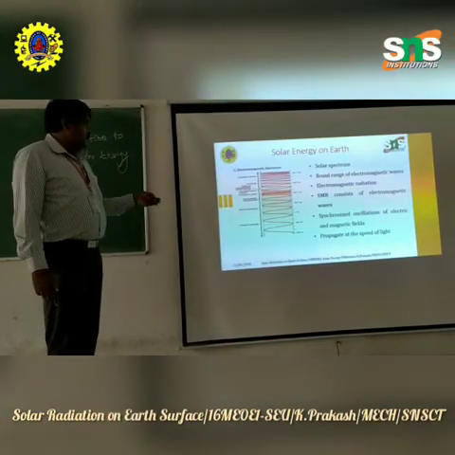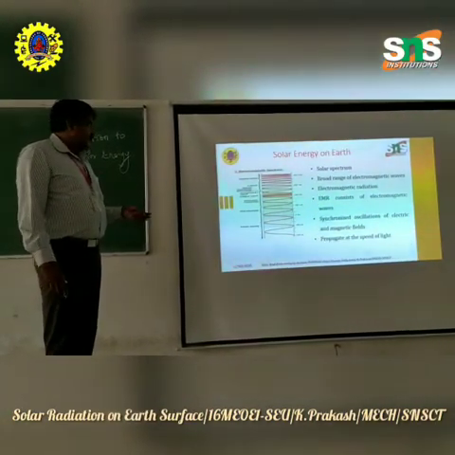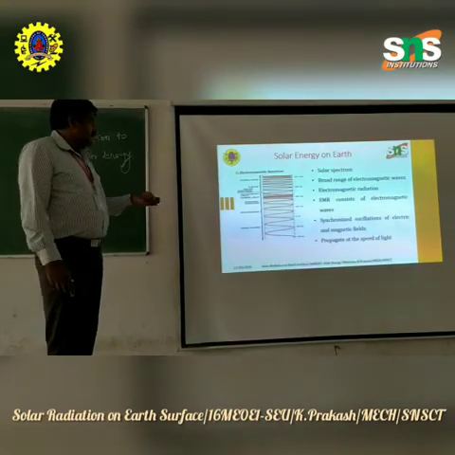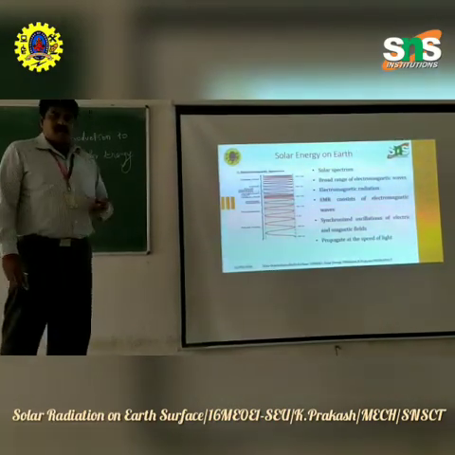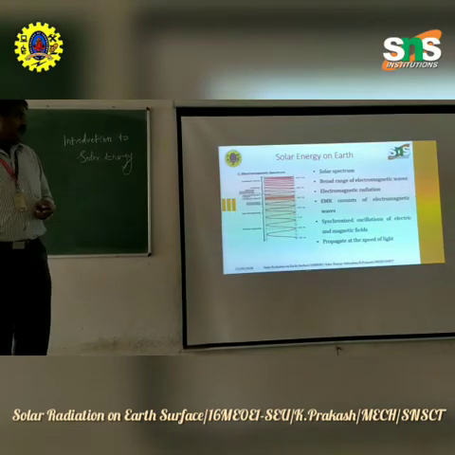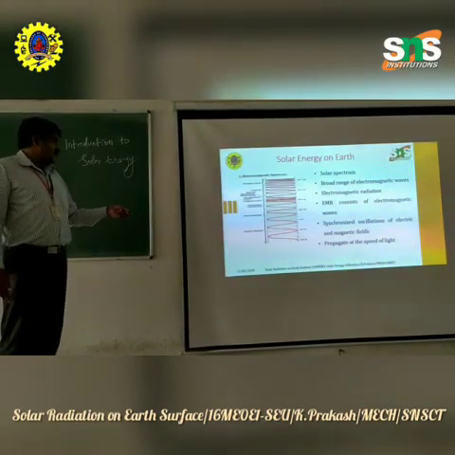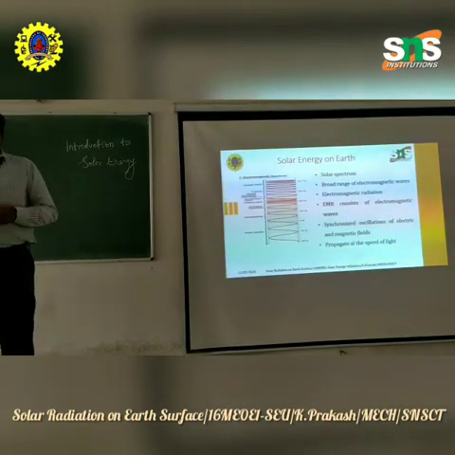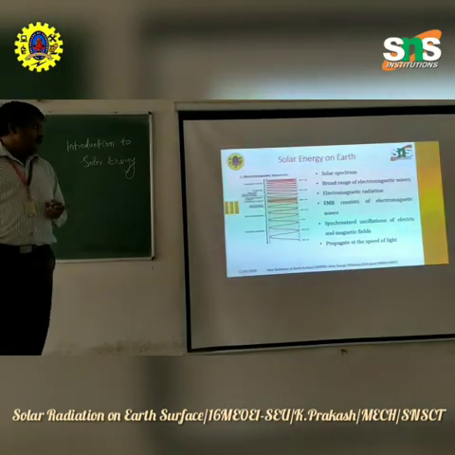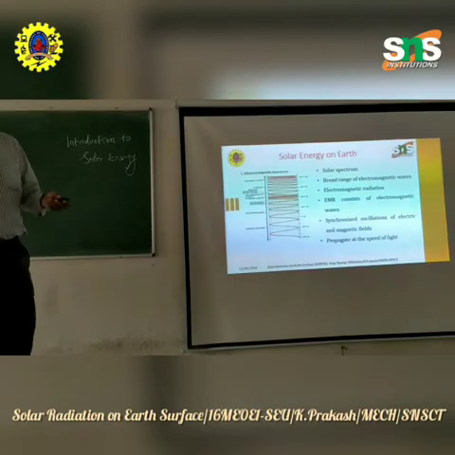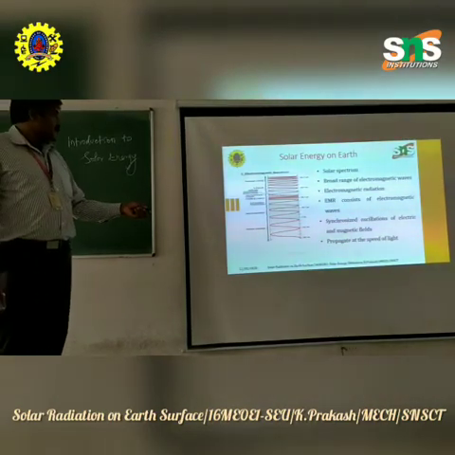It forms a solar spectrum with a broad range, all based on electromagnetic radiation, which is the synchronized oscillation of electric and magnetic fields, and this propagates at the speed of light. This is how the solar energy is reaching the earth.